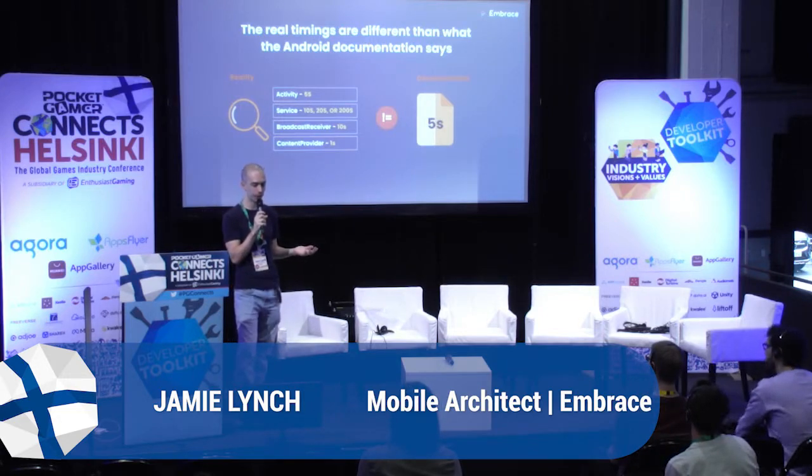We'll go through that in a bit more detail. Effectively, all the different components of the Android OS, like activity, service, and broadcast receiver, have different thresholds for triggering an ANR from within each component. And we can talk a bit about what this means for your game.